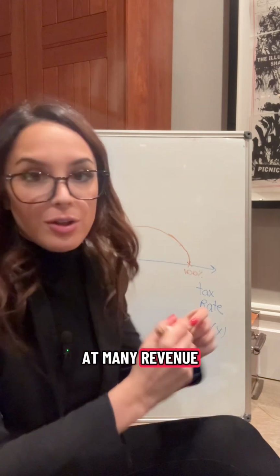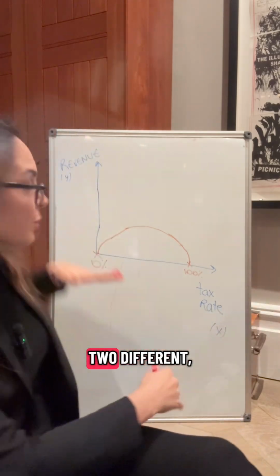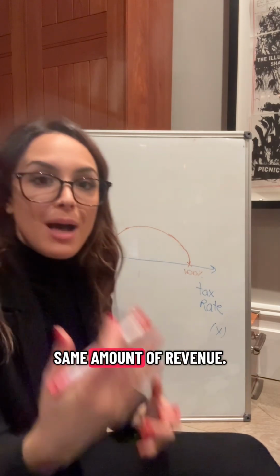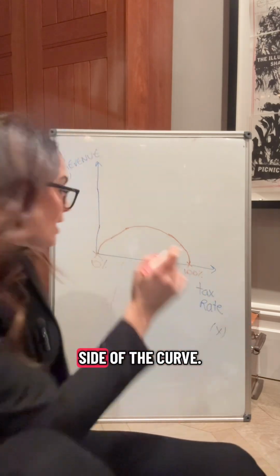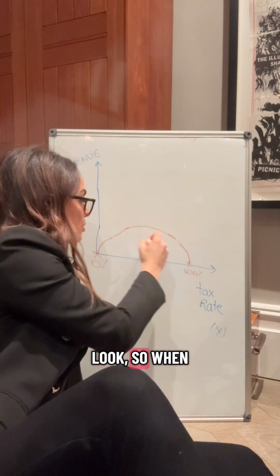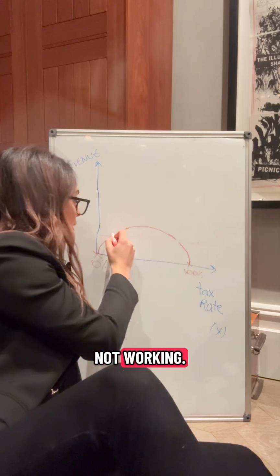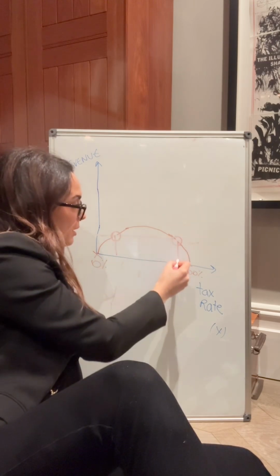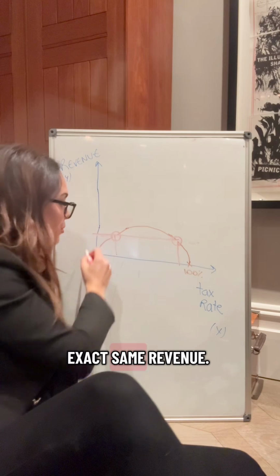At many revenue levels, there are two different tax rates, as you can see, that produce the same amount of revenue, one on each side of the curve. Here you have two different tax rates with the exact same revenue.